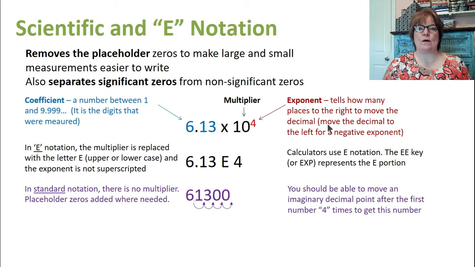Also, I want to talk about scientific notation and E-notation. Again, hopefully you've at least seen this before in other classes. We will use this very frequently in chemistry because oftentimes we're dealing with measurements that are very, very huge or very, very small. And therefore it's easier to not show all the placeholder zeros and just show the number with an exponent.